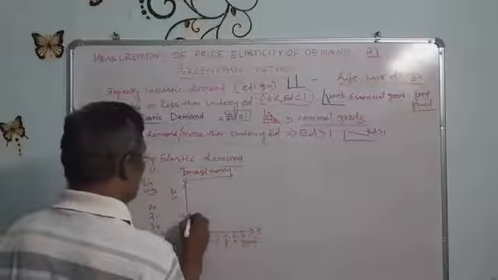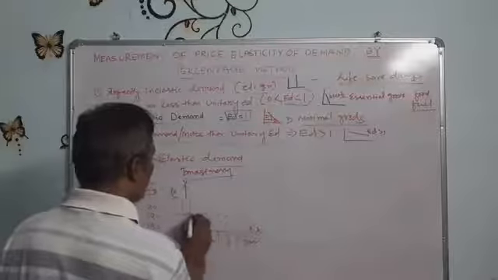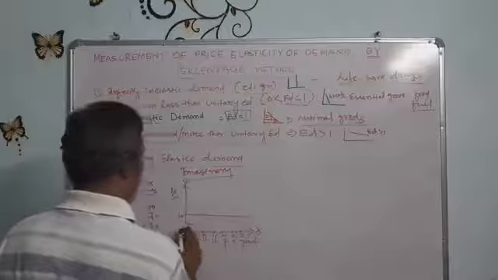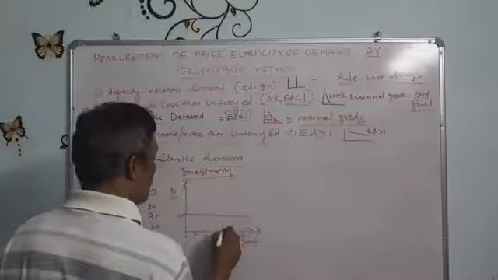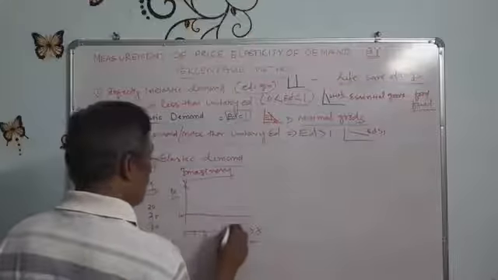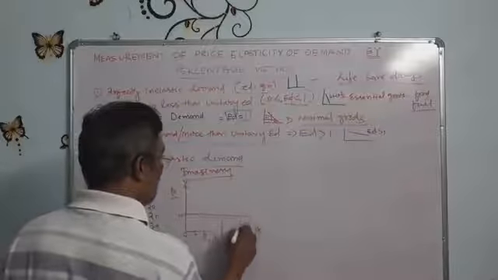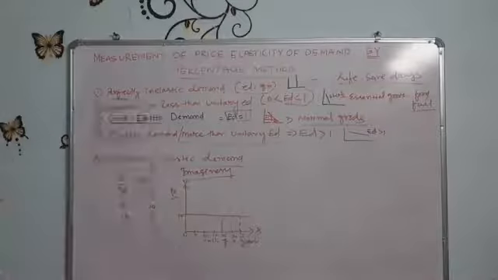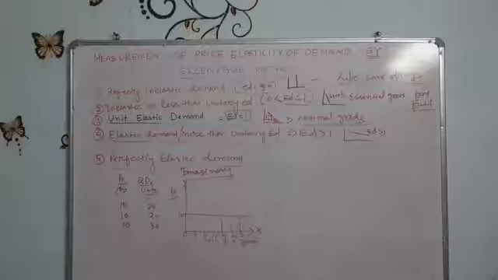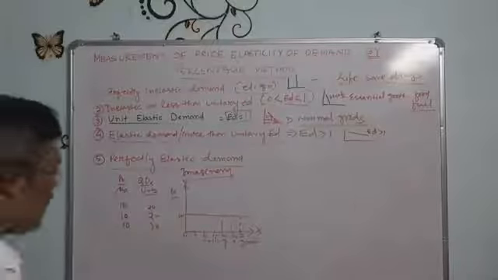So that demand curve shows: price 10, 20 units; price 10, 25 units; price 10, 30 units. It means whenever the price is the same, how much quantity is demanded we cannot determine.